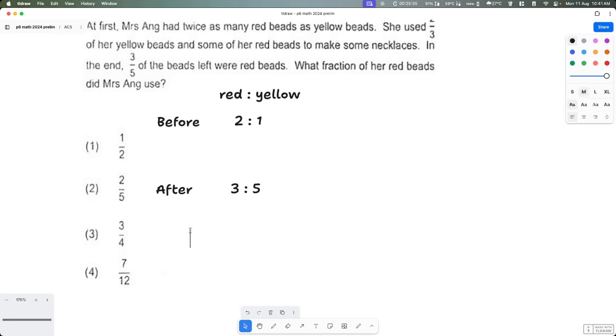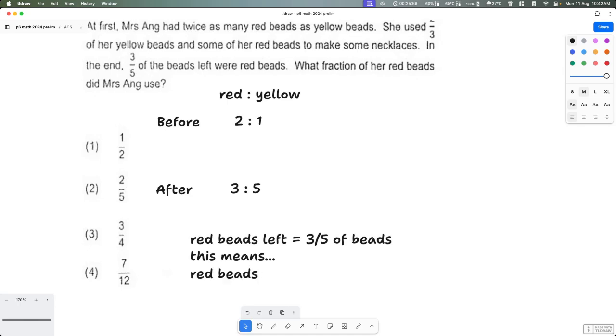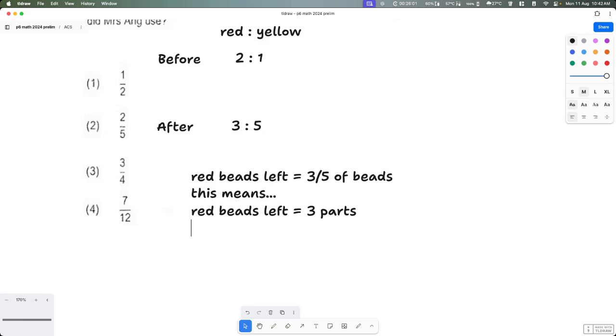So the red beads left is 3 parts, and the yellow beads left is not 5, it's 2 parts. So 5 minus 3 equals 2 parts in this case.